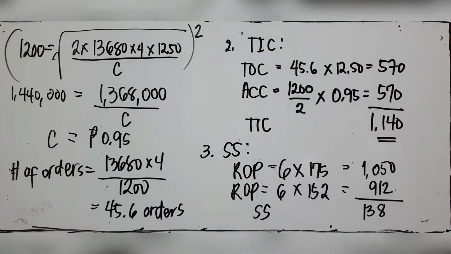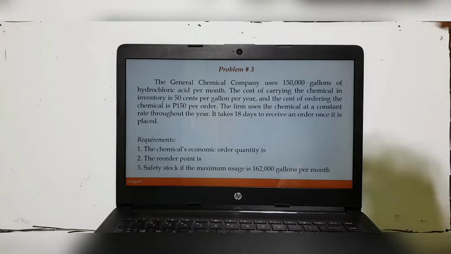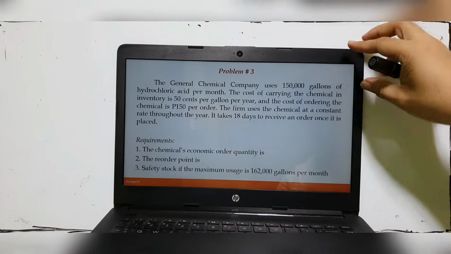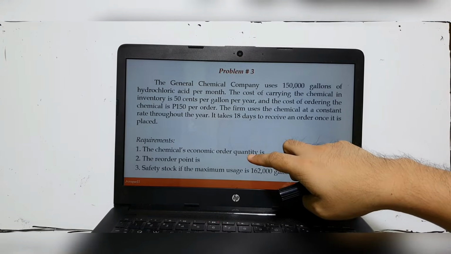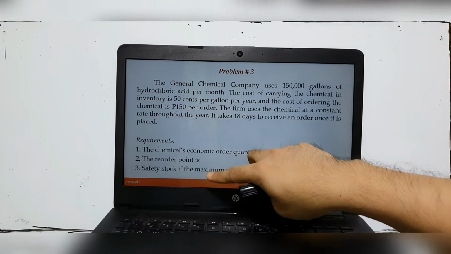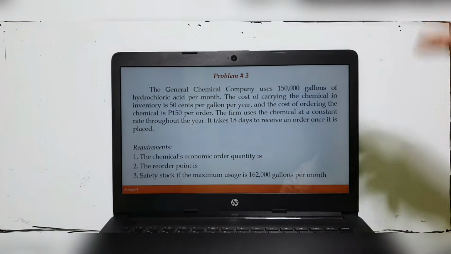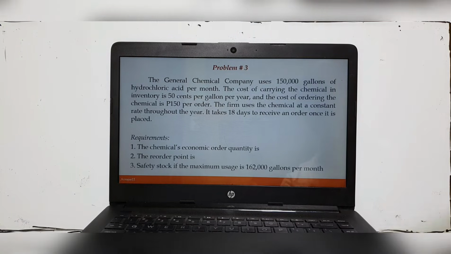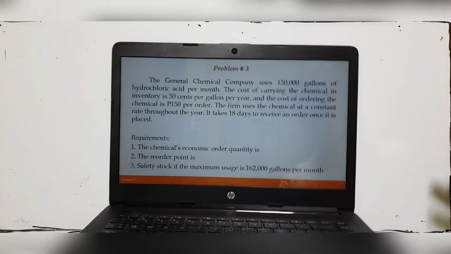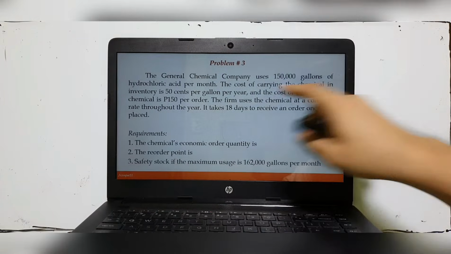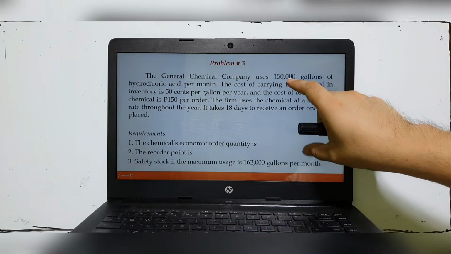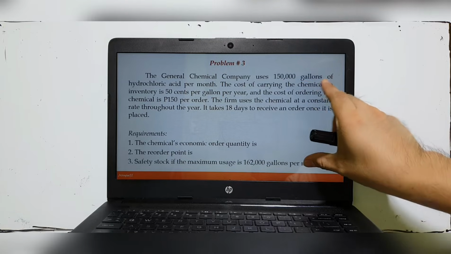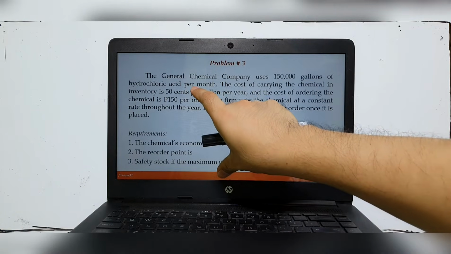Okay, so let's now move to problem number 3. So here is our problem number 3. We are asked for EOQ again, the reorder point, and then the safety stock. Actually, para-parehas lang naman yung mga tanungan dito. But gusto lang ipakita sa mga problems yung iba't ibang ways para i-state yung mga given natin. So let's go back. So the company is using 150,000 gallons of hydrochloric acid per month.